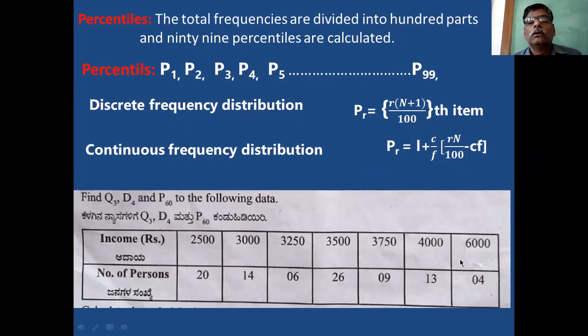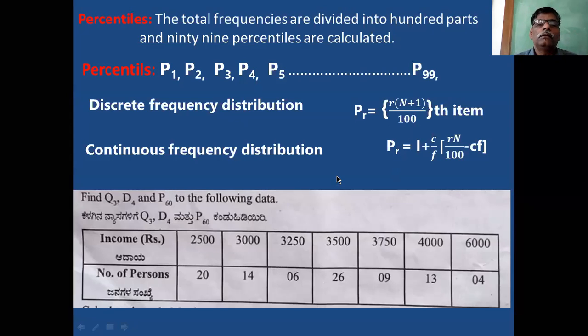There is no class, only one value is considered. 2500 is the only one value, income, and the number is 20. 20 members are having 2500 income. Okay, it is not in between, continuous. Therefore it is a discrete frequency distribution table. So for this, you have to apply the first equation.